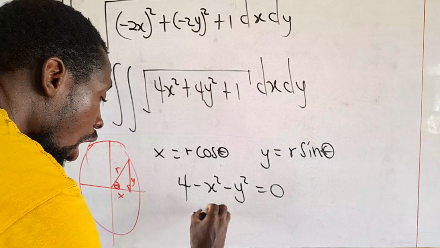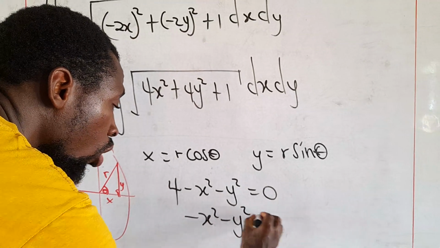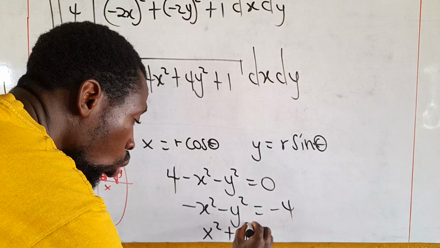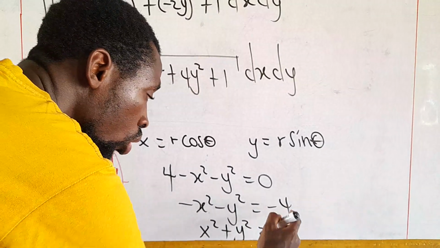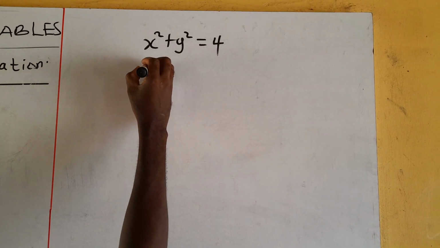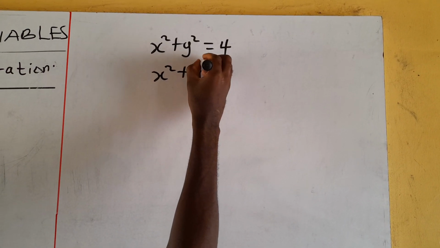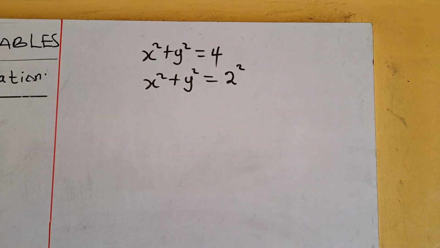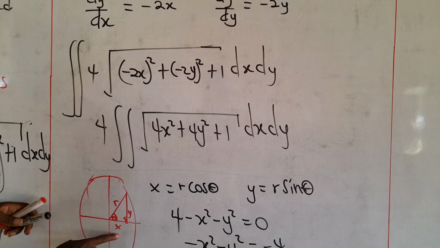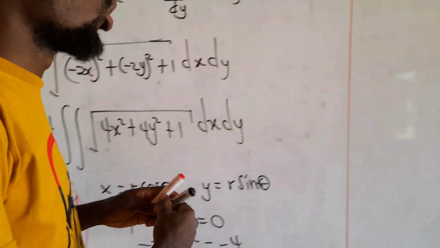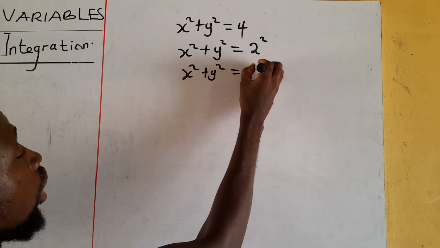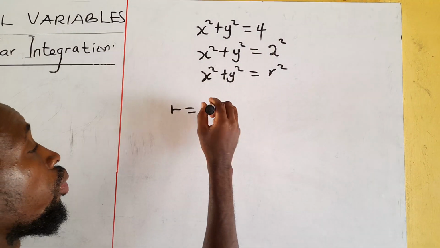What is that value? Our minus x squared minus y squared will be equal to minus 4. So our x squared plus y squared will be equal to 4. So we can say x squared plus y squared equals 2 squared. Comparing that to this, where r squared is equal to x squared plus y squared, using Pythagoras theorem, our r is 2.